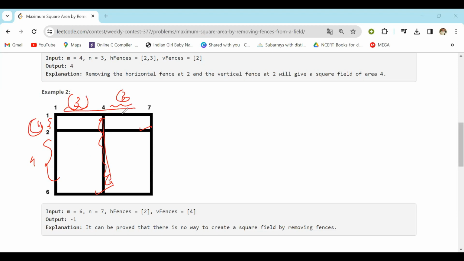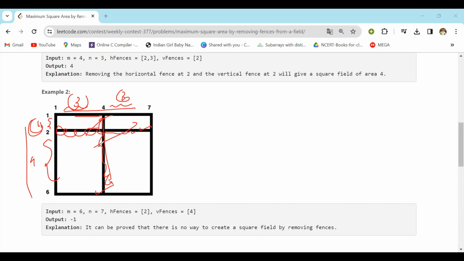That's not a square, right? And this one also, this is 4, this is 6, not a square. And if we try to remove this fence, then also this is not a square. This 3 and 5, not a square, right? And if you remove both the fences, then also it's 6 and this is 5, not a square. So by removing any permutation and combination of fences, we are not getting a square.